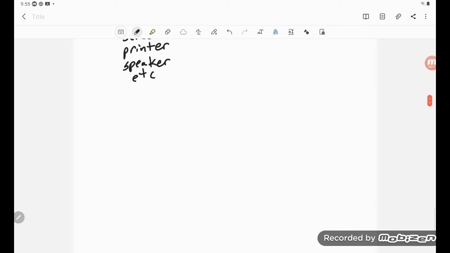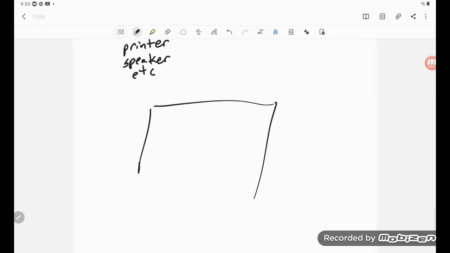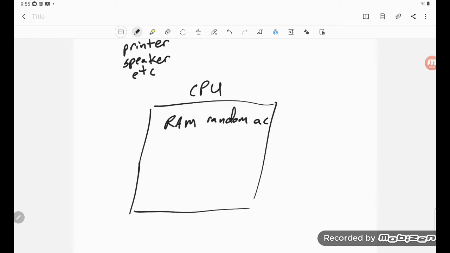Okay, and now the CPU itself, I'm not going to go into great detail, but the CPU itself has its own memory and storage. There's RAM, which is random access memory.